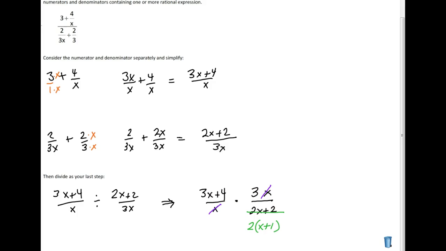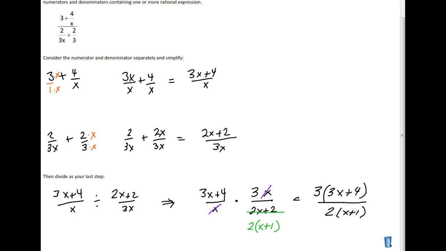And then what I'm left with in my numerator is a 3 and 3x plus 4. And in my denominator, I'm left with a 2 and an x plus 1. I actually cannot simplify that any further, so I just leave it. Okay, so that's the process of simplifying the complex fraction using division.